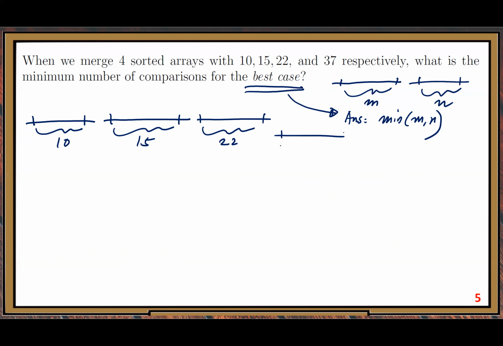The last one with 37 elements. Because when we do the merge, there are many possibilities, right? The question is, how do you want to combine them?